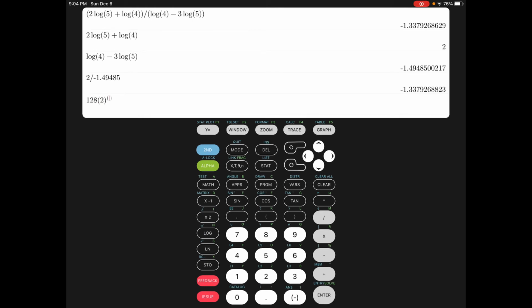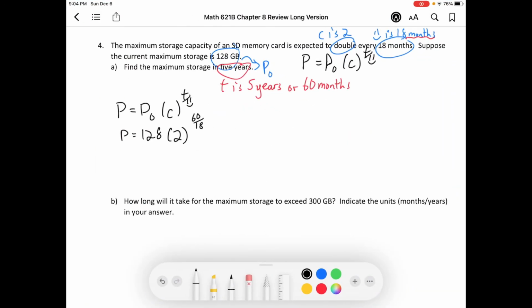I'm going to be paranoid here and put in some extra brackets. My calculator's all right without them, though yours may not be. So there we go. Let's see what it says. 1290. It's really not far off. There's no allowing for the fact that we now have micro SD cards, but a little over a terabyte.